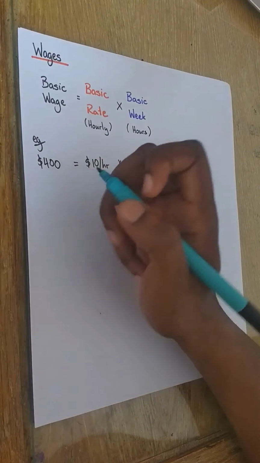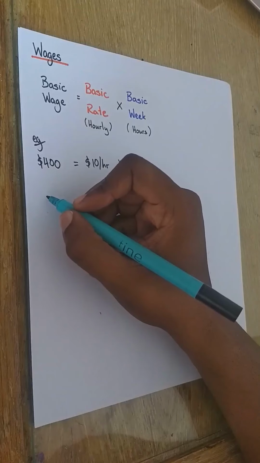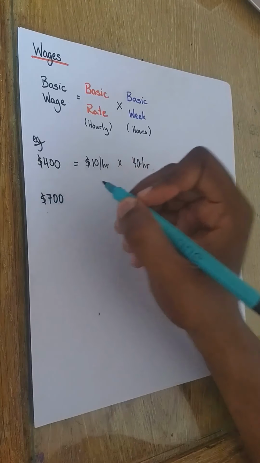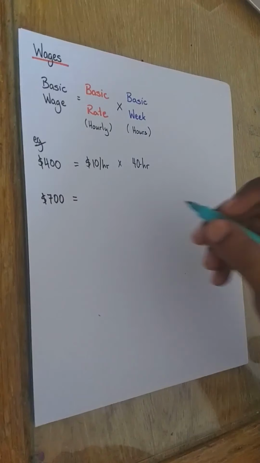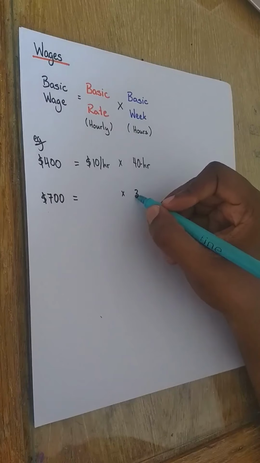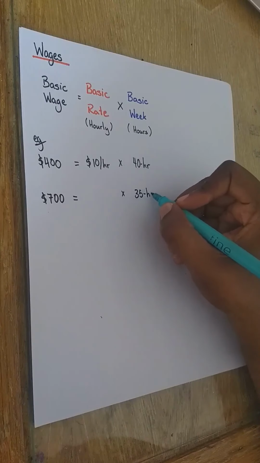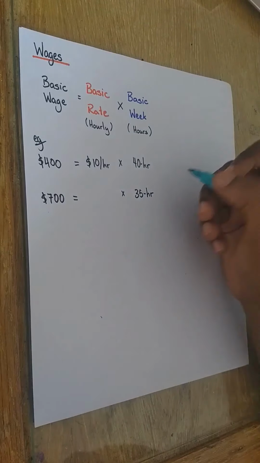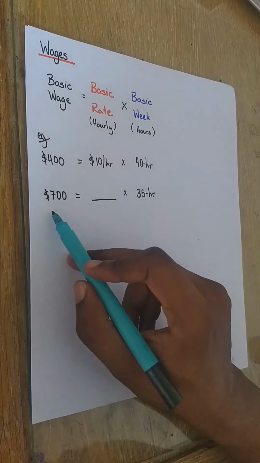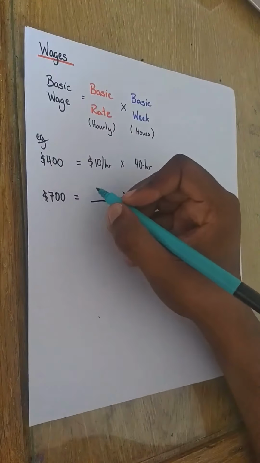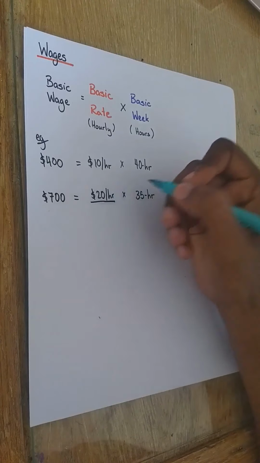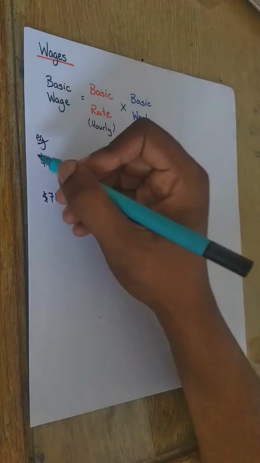And again, we can also say if someone is working for $700 a week and they work a 35-hour week, then we can know that their basic hourly rate is 700 divided by 35, which is $20 per hour.